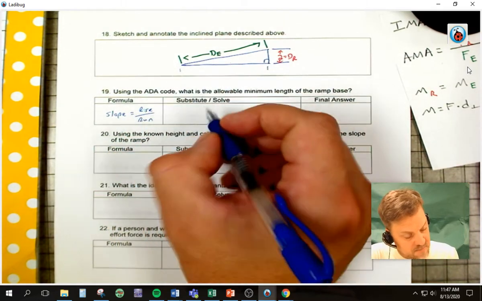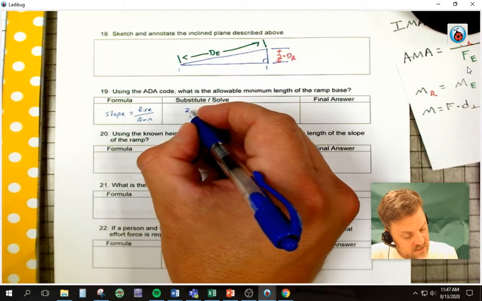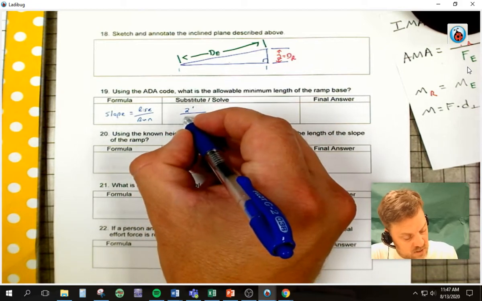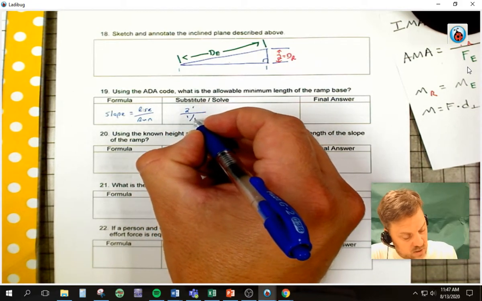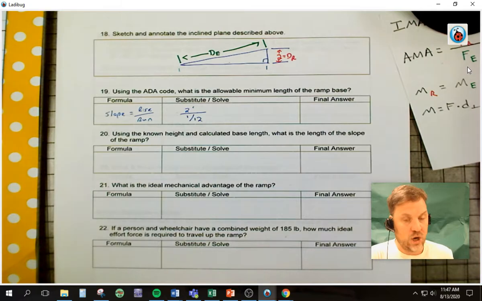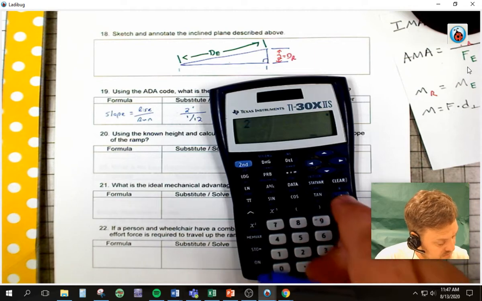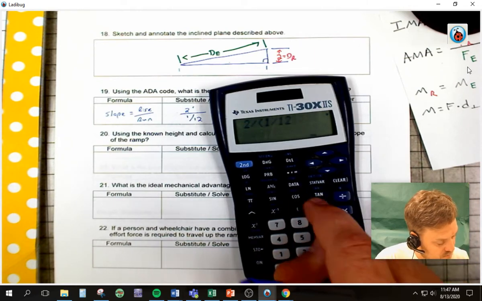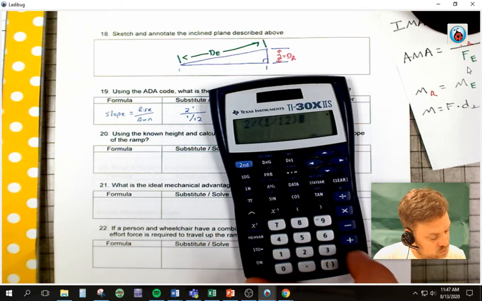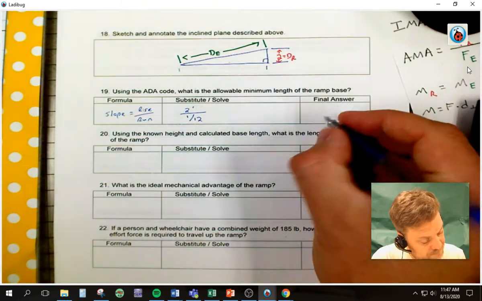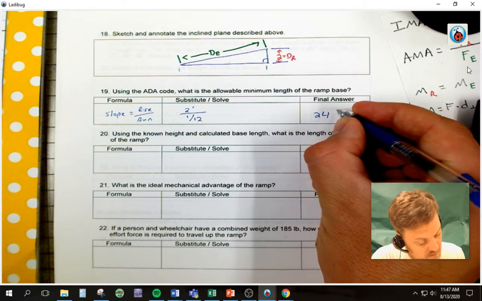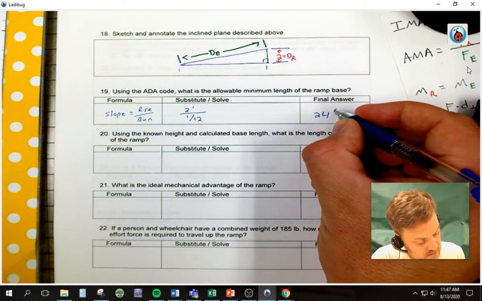And my rise is 2 feet, well, what's my run? It's 1/12 because that's my code, okay? So if I plug that in my calculator, 2 divided by 1 divided by 12, that should give me 24, and it does. 24 feet, okay?